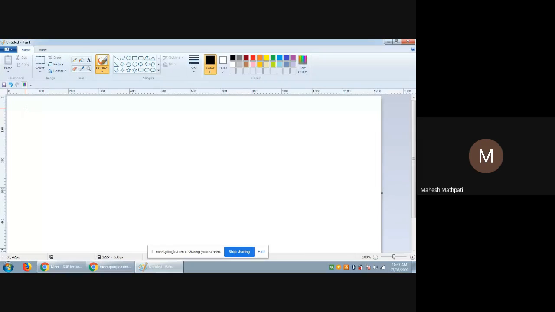Okay, so what you have written: for sequence x of n is equal to 2 0 2 0, full stop. Determine, am I audible?